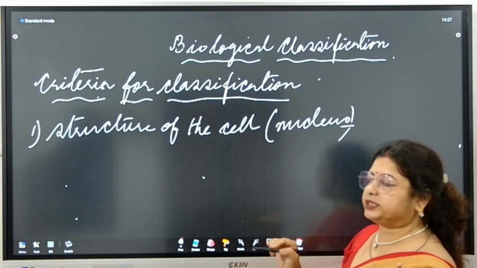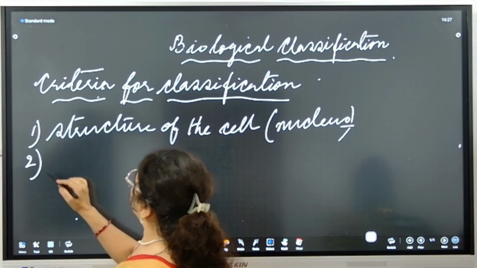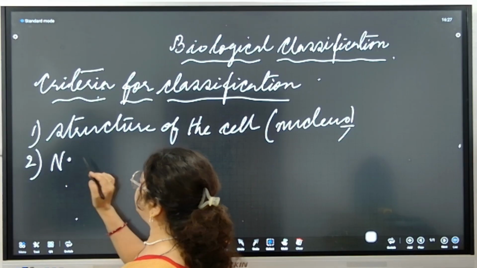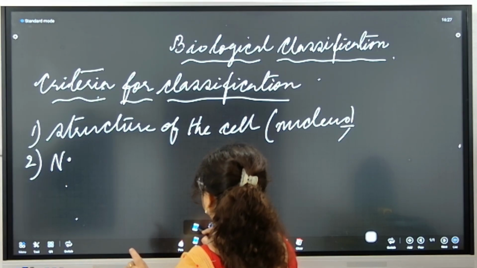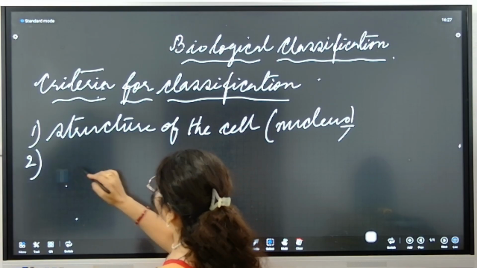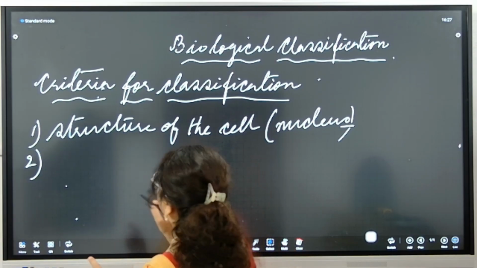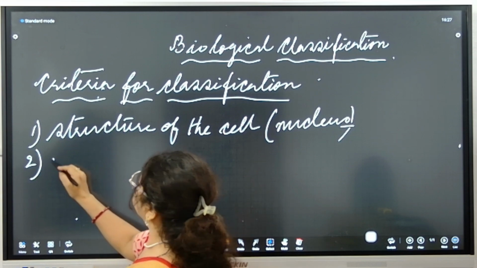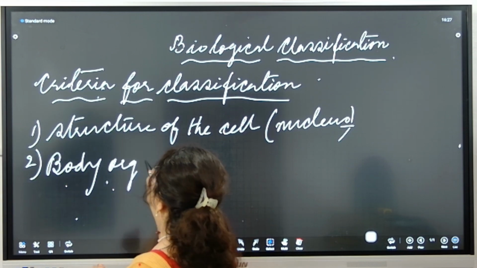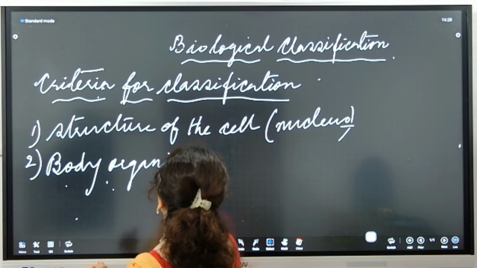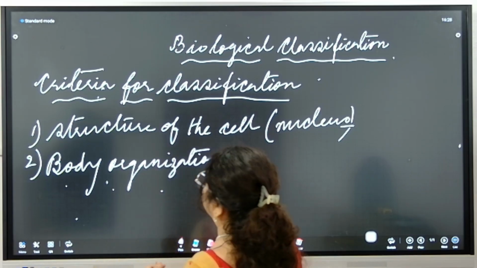Like this, the Monera protista had been done. Then we will see the number of the cell. We will say this one as body organization. Body organization.